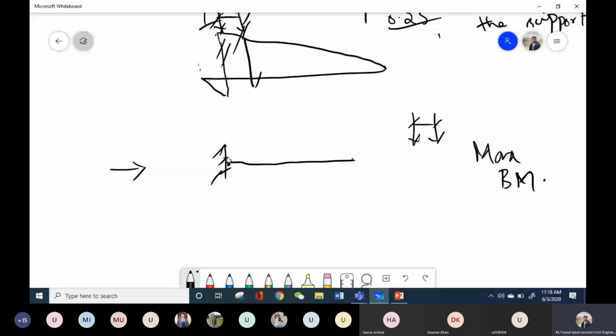Now let's look at this beam for the bending moment. I will plot the influence line diagram for this point, and the shape would be something like this. This left part won't move anywhere, and this right part will be deflecting something like this.